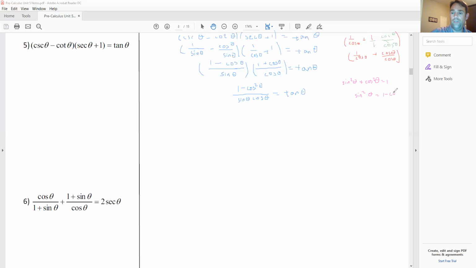Now, if you see this, you don't have to do this little Pythagorean identity stuff off to the side. If you see this, you can just go ahead and make that substitution. Totally good with that. So sine squared theta will go in place of the 1 minus cosine squared theta. And we're just about at the end here.